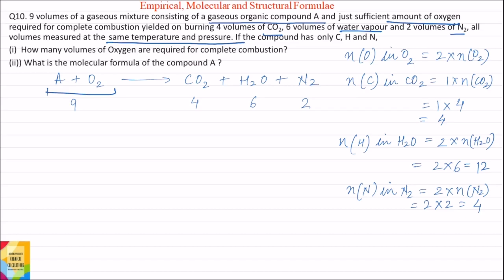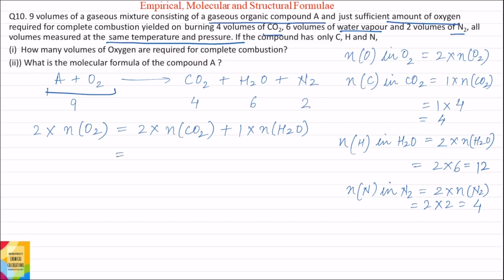So moles of oxygen atoms on the reactant side will be 2 into moles of oxygen, because 1 mole of oxygen contains 2 moles of oxygen atoms. This is equal to moles of oxygen on the product side, which will be 2 into moles of carbon dioxide, because 1 mole of carbon dioxide contains 2 moles of oxygen atoms, plus 1 into moles of H2O, because 1 mole of H2O contains 1 mole of oxygen.